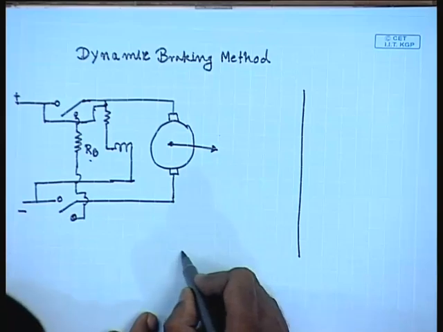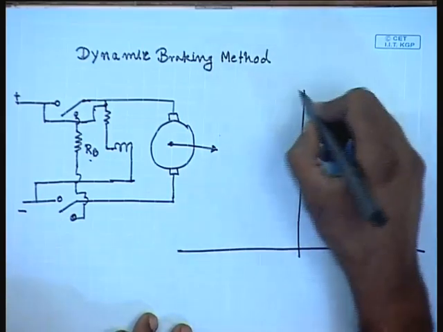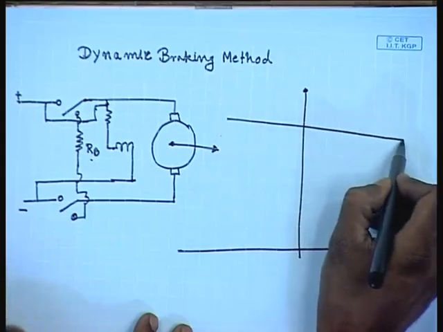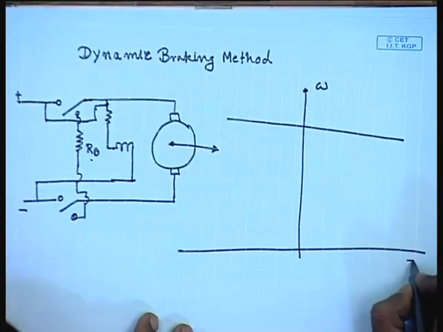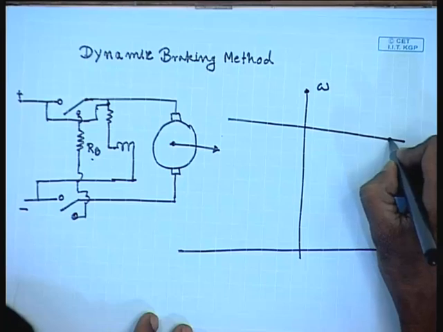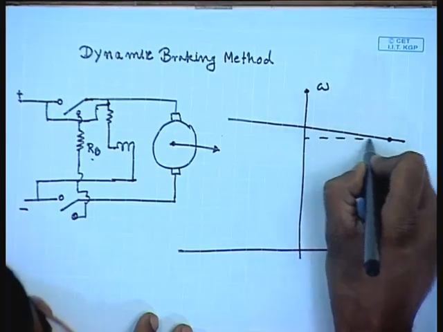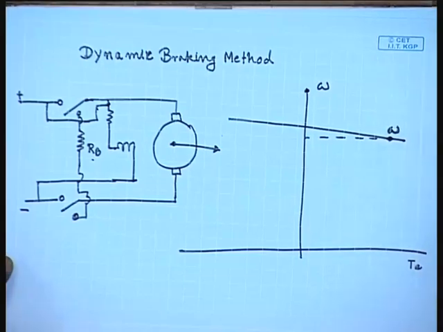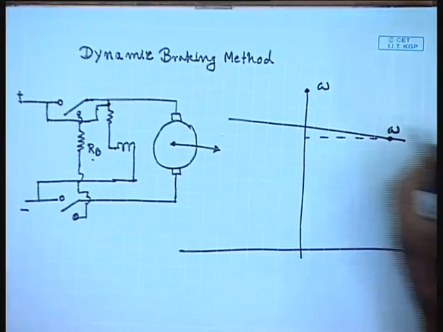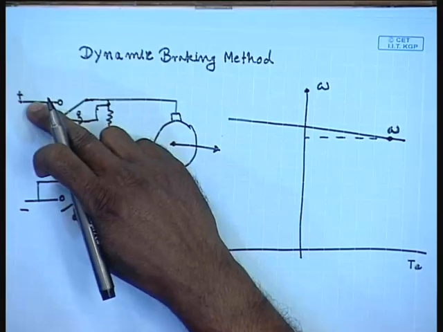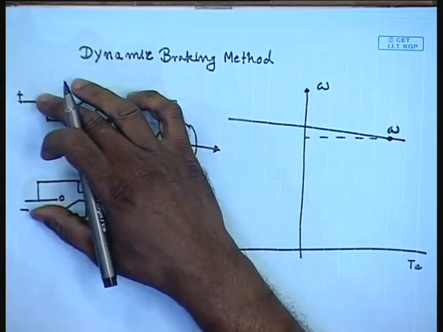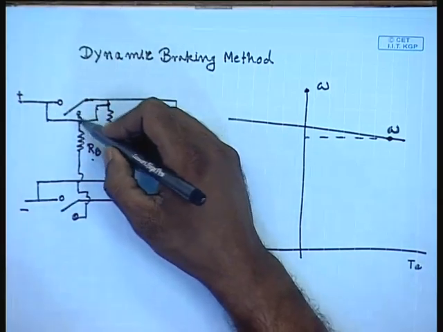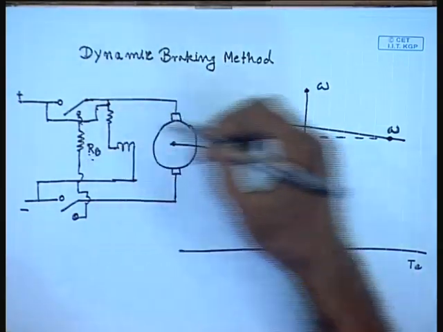And let us say that while motoring, it was operating on its normal torque speed characteristics at a speed of omega, and in order to apply dynamic braking, we disconnect the machine from the supply, hence the applied terminal voltage becomes 0. In addition, we put an additional braking resistance Rb.